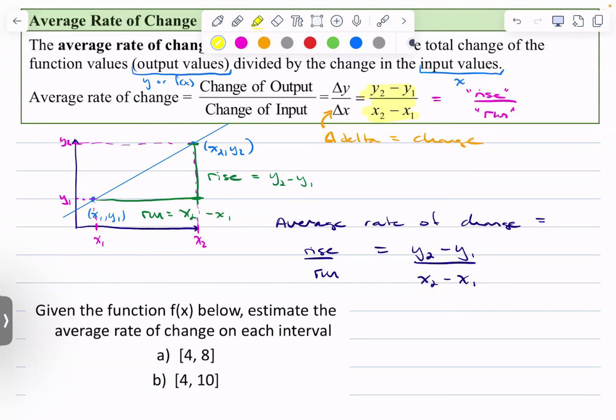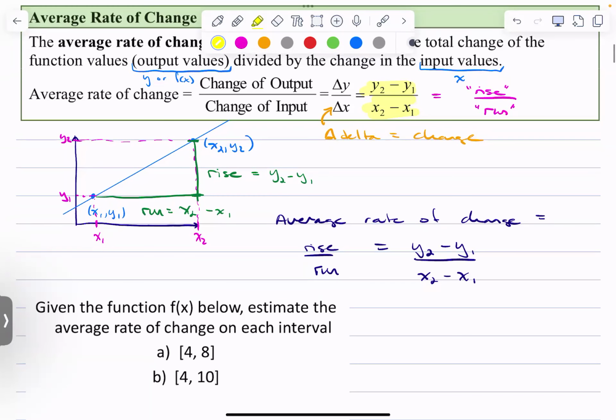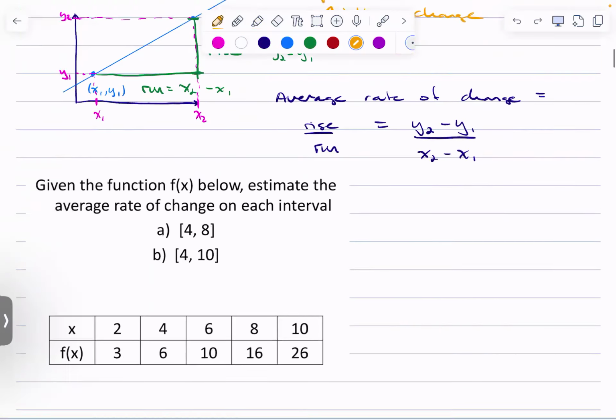What we'll find though is sometimes we can have functions that look like this, and we can still find the average rate of change. But for a straight line, it is the slope. But that's the reason I'm avoiding the term.